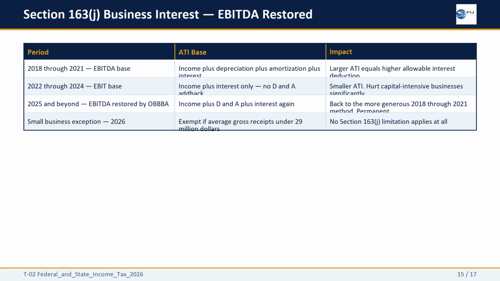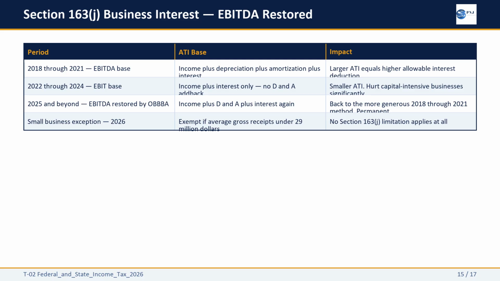Starting in 2022, the TCJA changed this to an EBIT-only base, removing the depreciation and amortization add-back. This significantly hurt capital-intensive businesses with heavy debt loads alongside large depreciation. The OBBBA reversed this starting in 2025. Depreciation and amortization are added back again permanently.